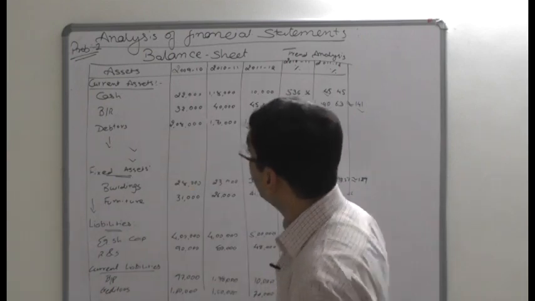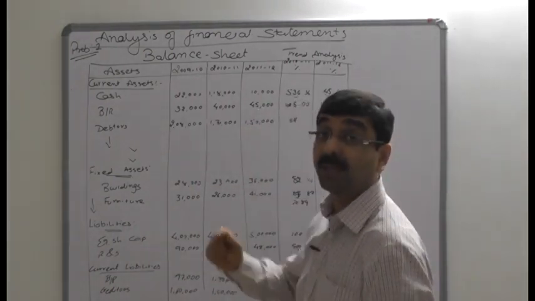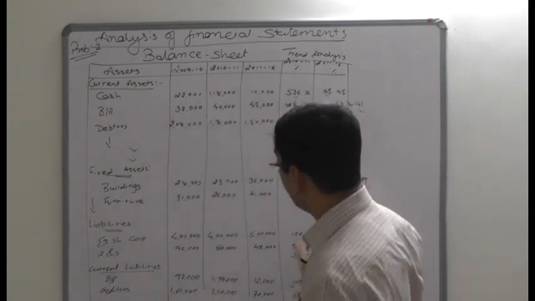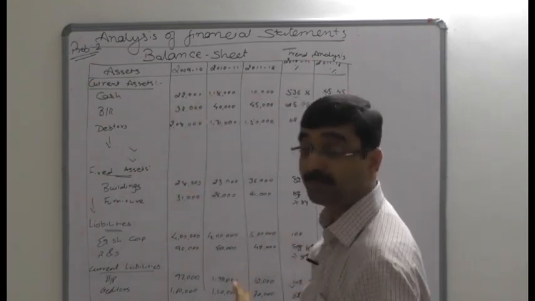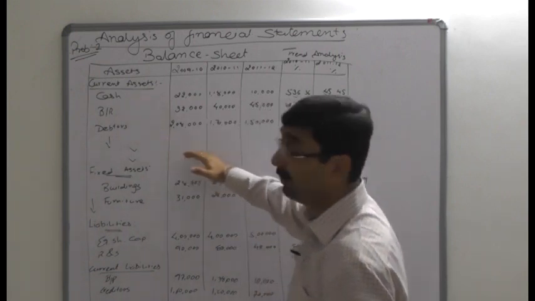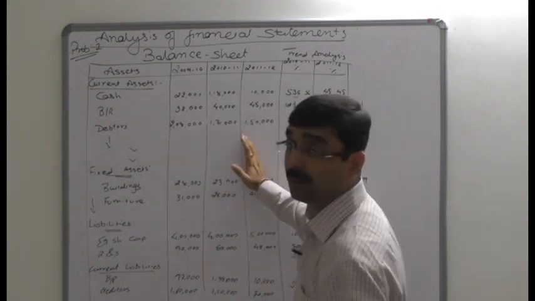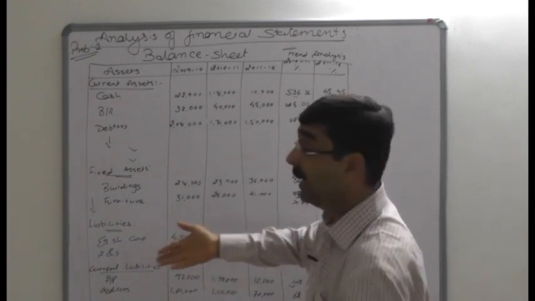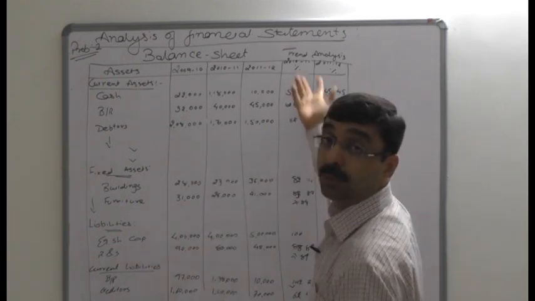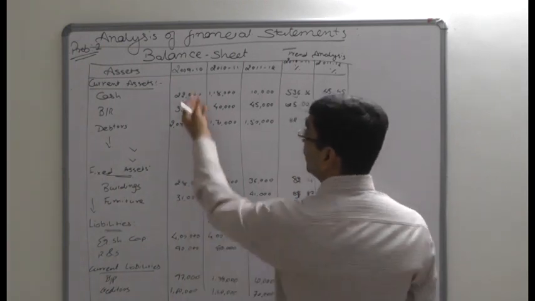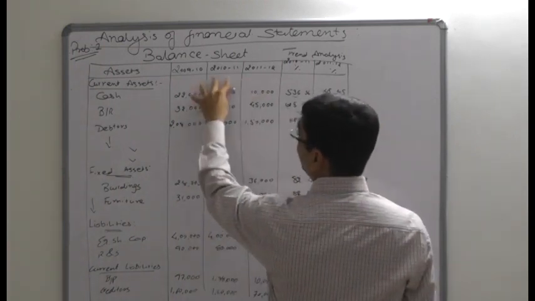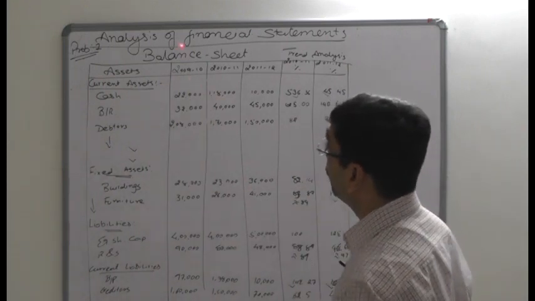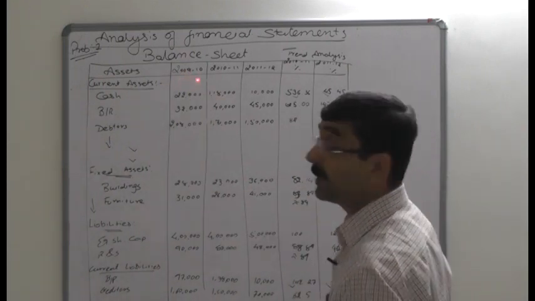So see here, as per this balance sheet, when we apply the method of trend analysis, you can draw the structure like this, where the particulars are given, whichever years' information is given, how and where you are going to compare, and what would be the outcome of your analysis. Here there is 3 years of data, and one year you are going to take as the base year. Now the base year is 2009-10.